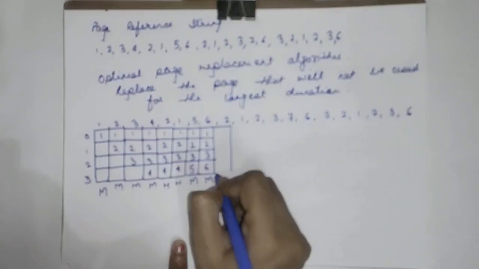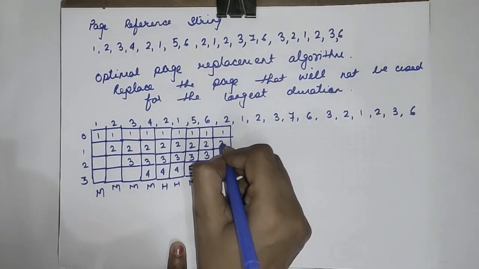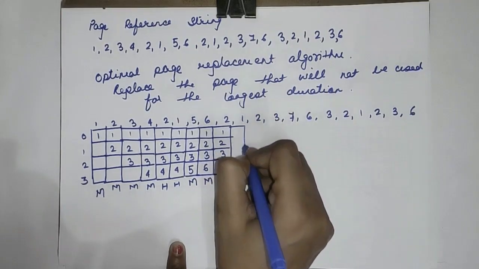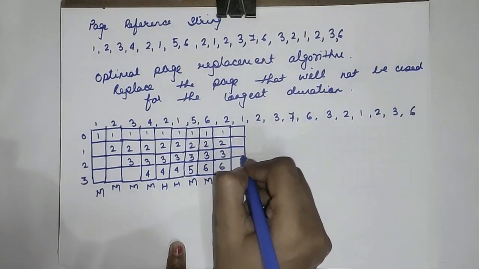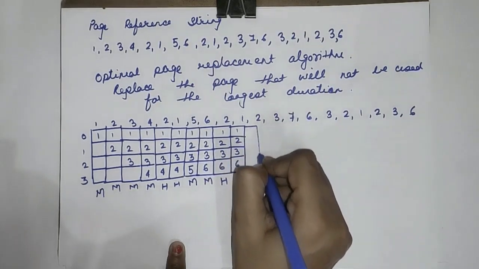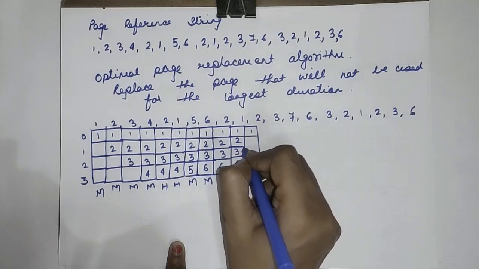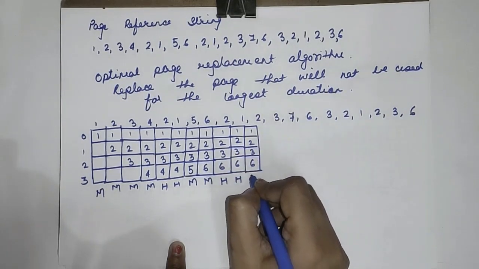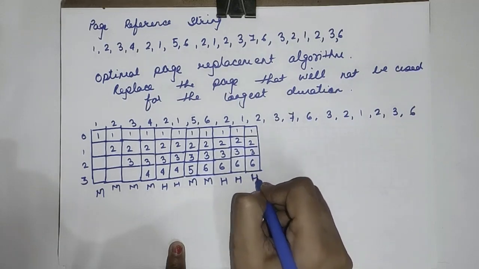Next 2 is required, so 2 is already present in memory, so no confusion. You got a page hit. Then 1 already present in memory, so you got a page hit. Next 1, 2, 3 and 6. 1 already present, 2 already present, so page hit.